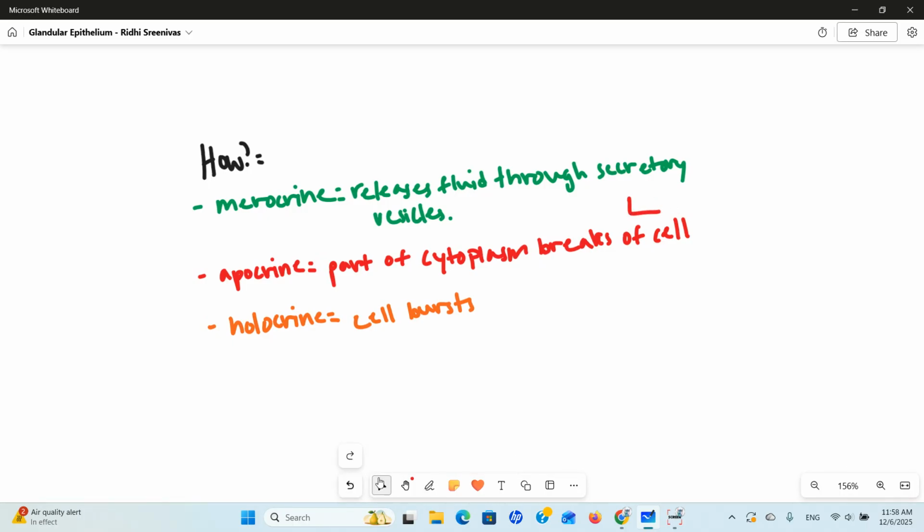I'm going to write this in a different color. So they do this by exocytosis, which basically transports the molecules of the substance by the vesicles inside the cell by fusing with the membrane to release the contents of the vesicles.